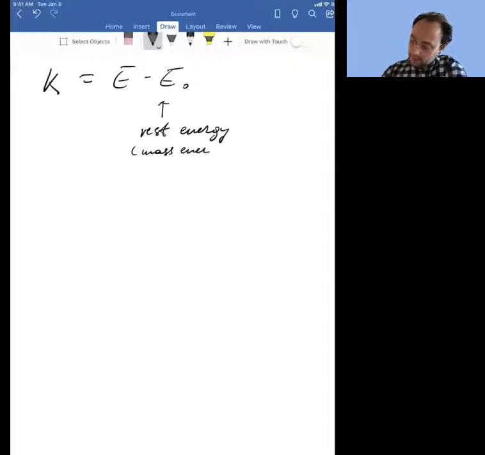This is equal to mc squared, right? And like I said, it includes the mass energy of constituents plus the energy of interaction and kinetic energy of those constituents.